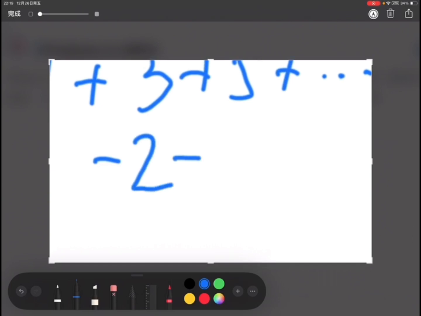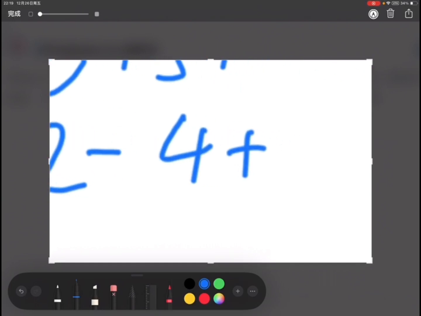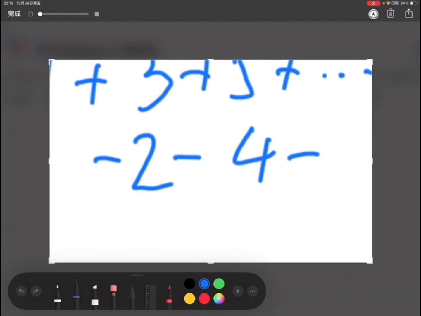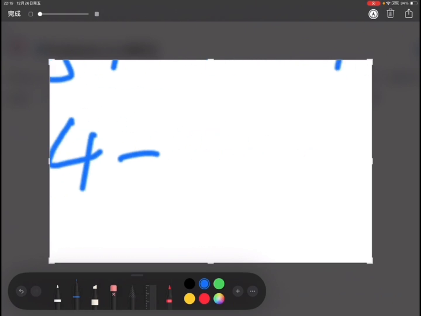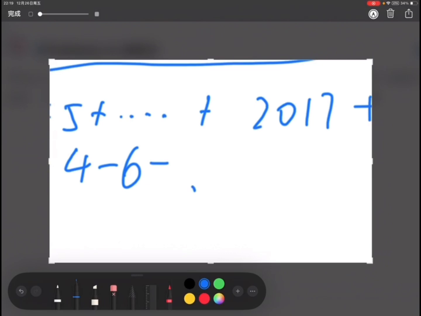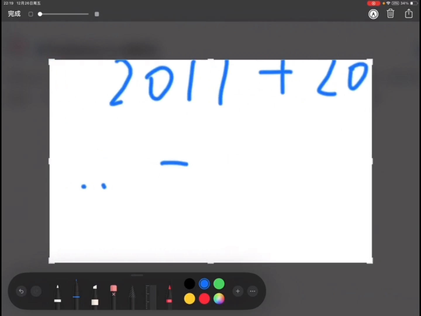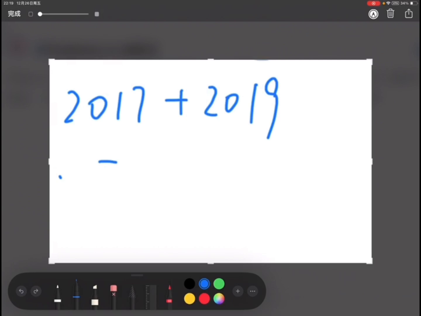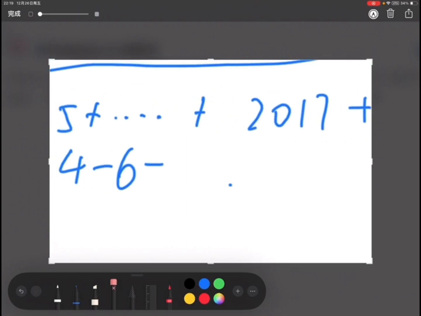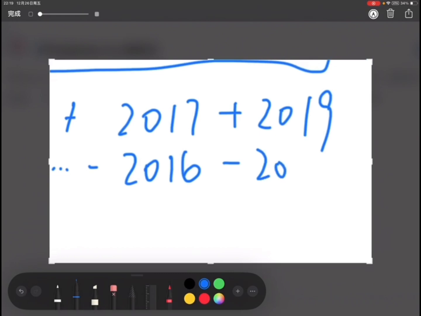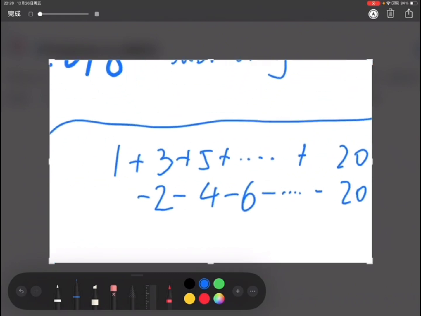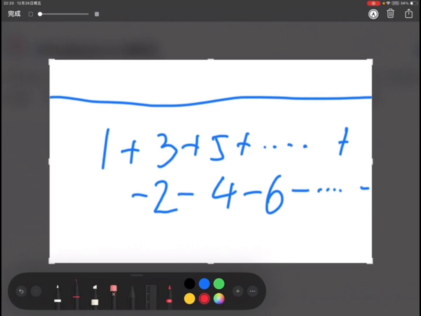So in conclusion, we would put dots, dots, dots, and then minus dots, minus 2016 minus 2018. And you would see that we could cancel each pair.